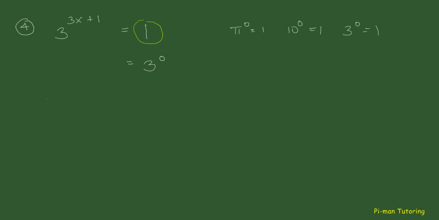And now we've got the same base on both sides, so we can write that the exponent on the left side must be equal to the exponent on the right side. And therefore 3x plus 1 is 0, so 3x is negative 1, and therefore x is negative 1 divided by 3. So watch out for that when you are given a 1. Remember that particular exponent rule.